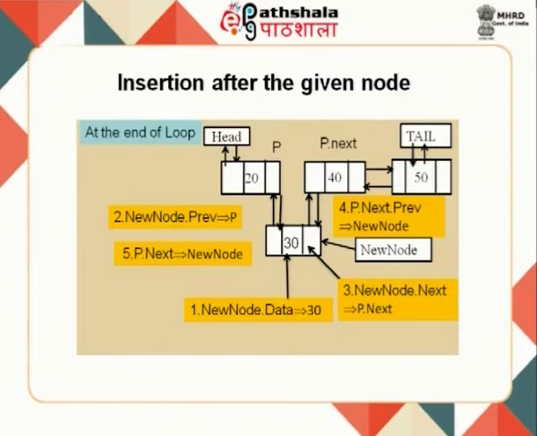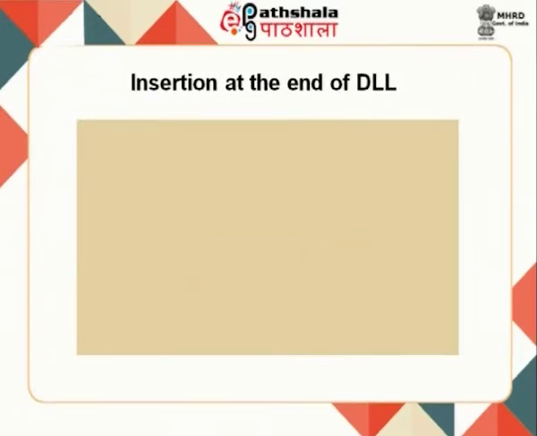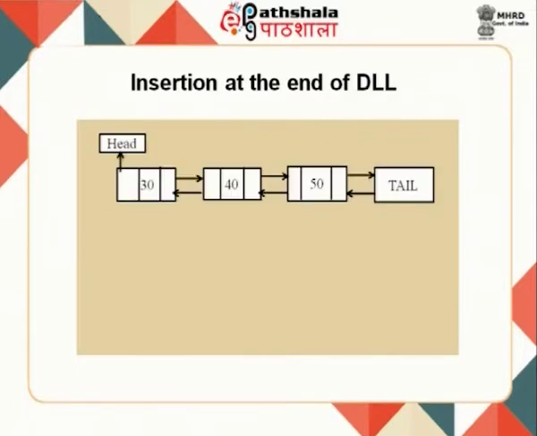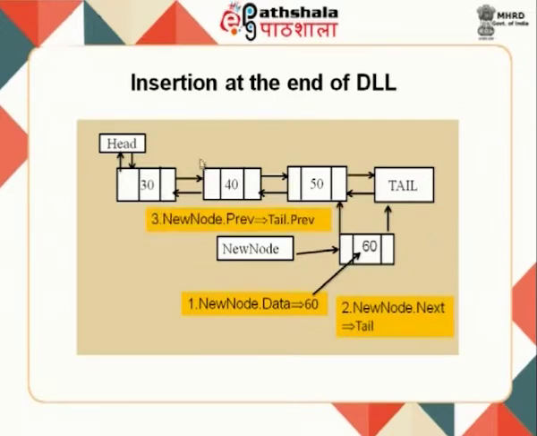This is at the end of the loop. I mean, this is at the end, after a given node. Now, at the end of the loop, you have a new node. I am not going into too much detail. You put 60 there. New node dot next is equal to tail. Then new node dot previous is equal to tail dot previous. So, you can't set tail first. You have to get this node and then make new node dot previous point to tail dot previous.